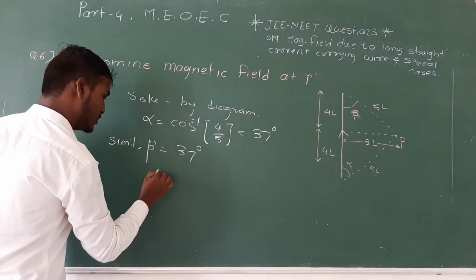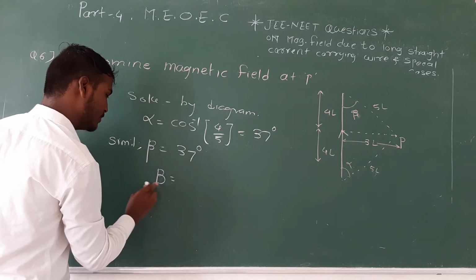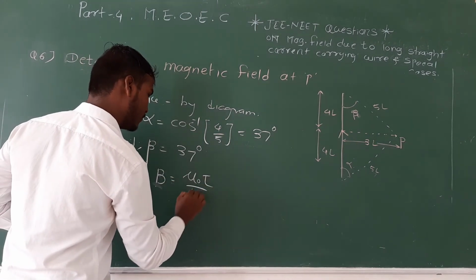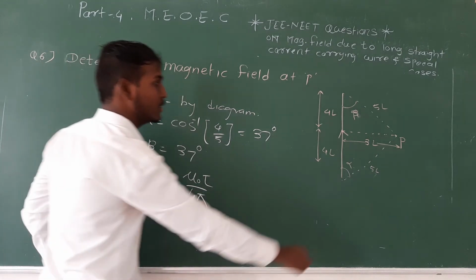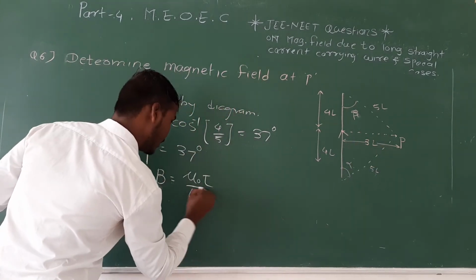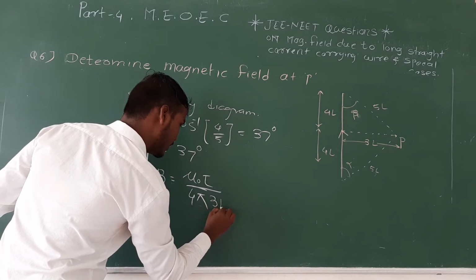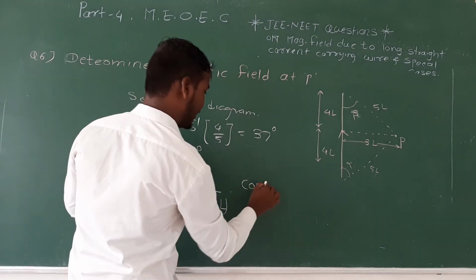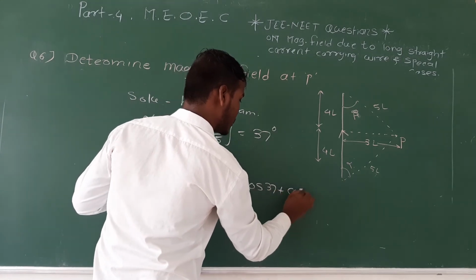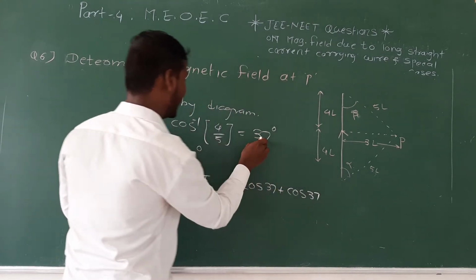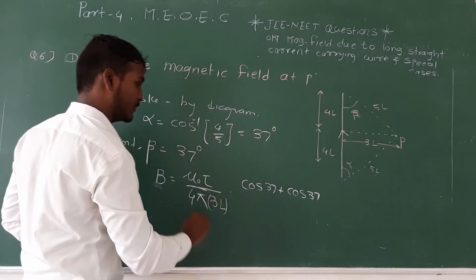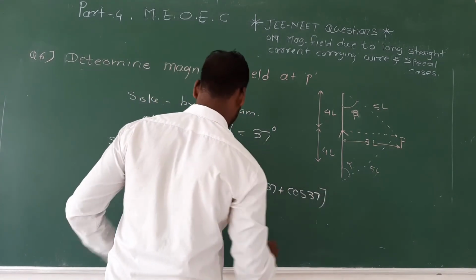So just use it. B will be, this is B, not beta, equal to mu 0 I upon 4 pi, now the perpendicular distance is 3L, into cos 37 plus cos 37. And see here, cos 37 is again 4 by 5.